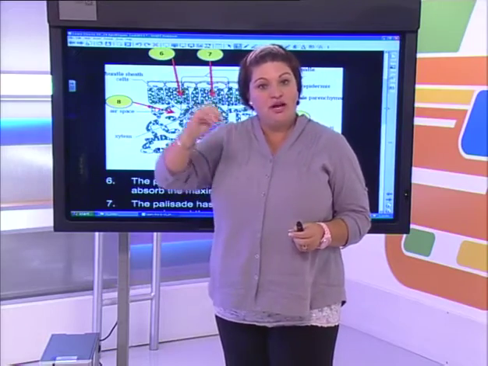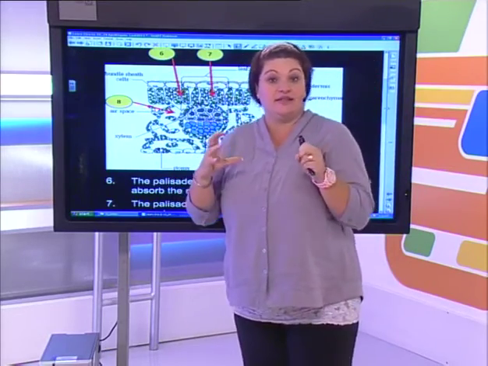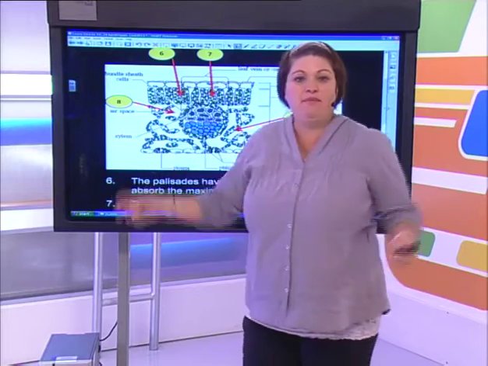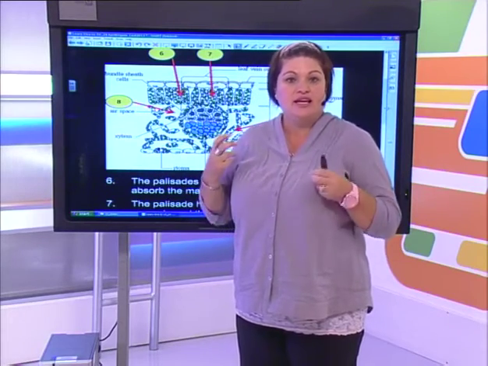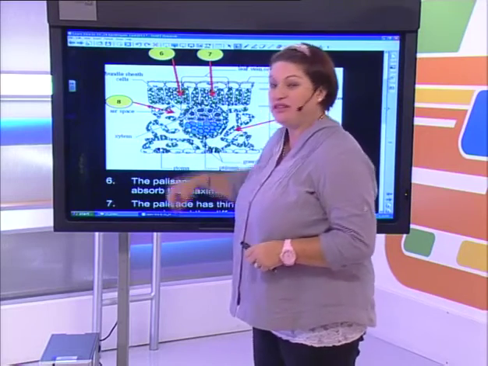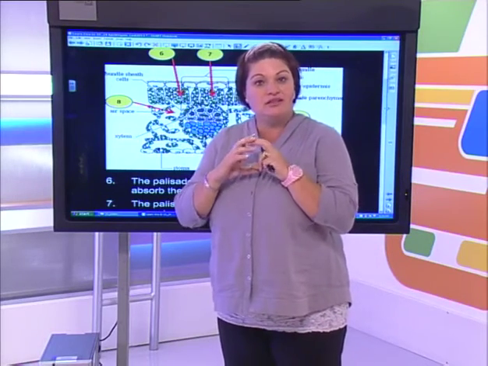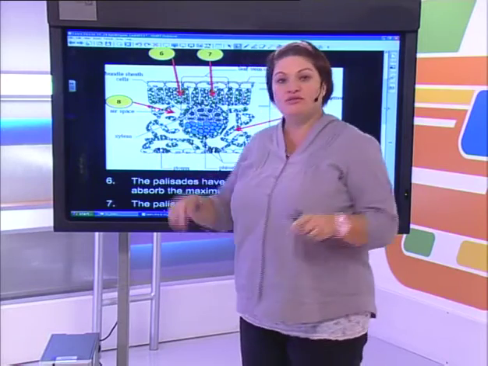So again, structure versus function. We need gases. These little stomata bring carbon dioxide in. You're going to have gases in your plant all the time, and they are going to be in those large intercellular spaces. You also need the gases for diffusion.